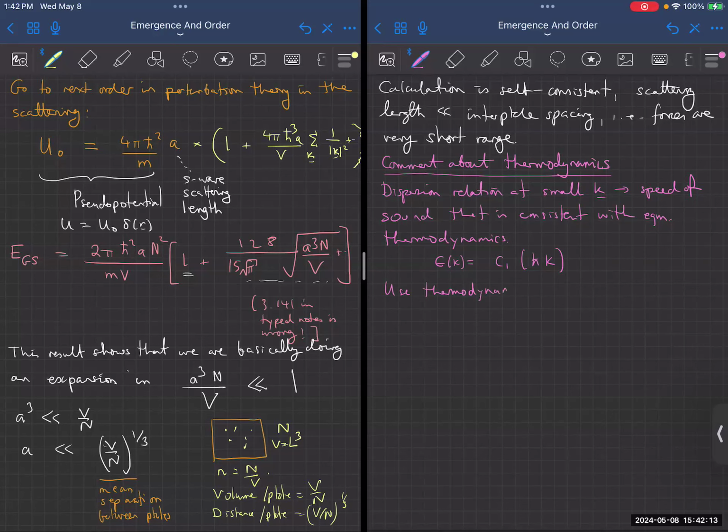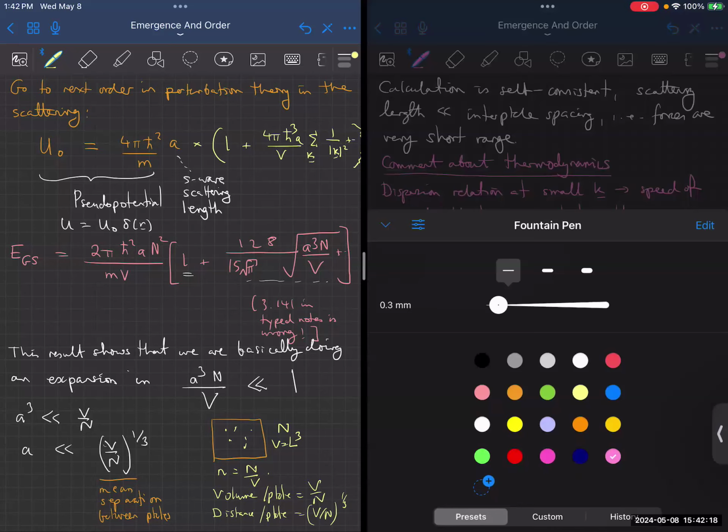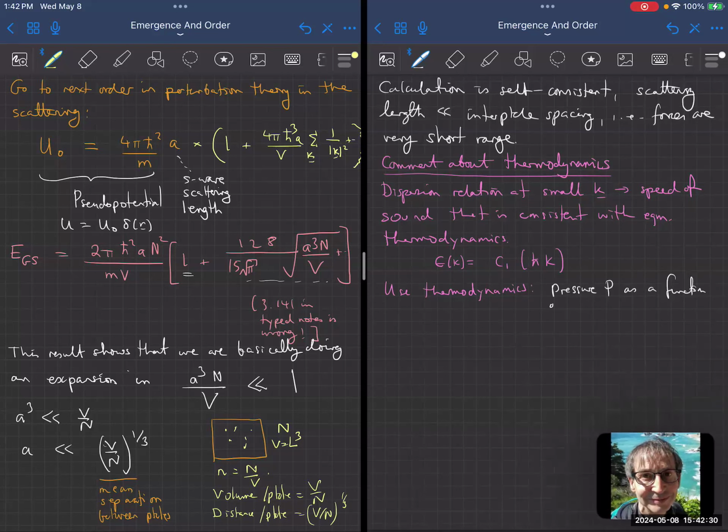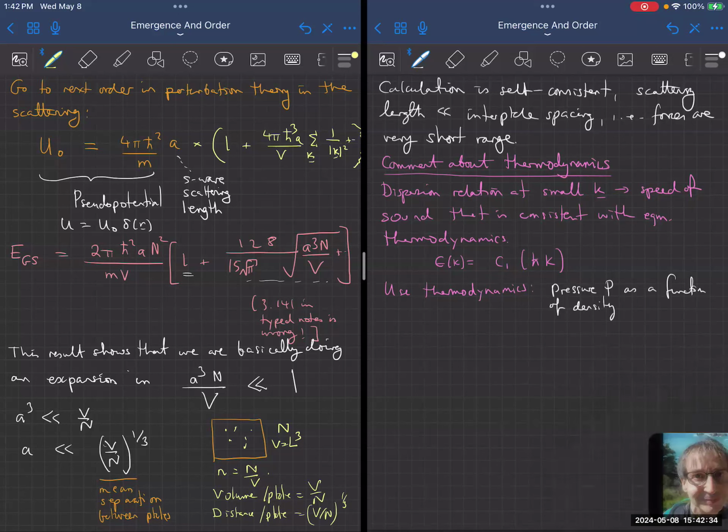Thermodynamics says that if I know the pressure as a function of density, then P is a function of density.